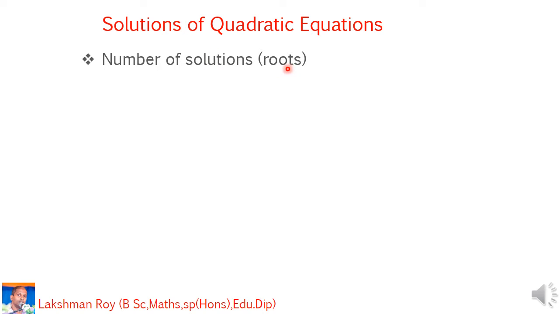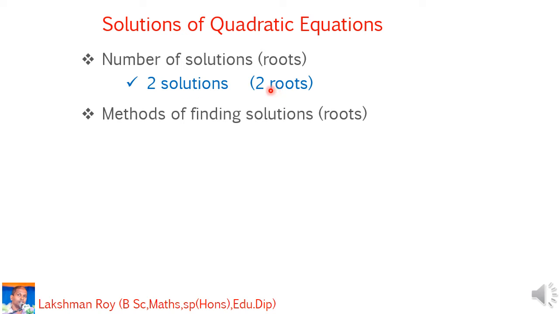So what is the number of solutions of a quadratic equation? There is an x square term, and because of that, the number of solutions, the number of roots, is 2. A quadratic equation has 2 solutions, 2 roots.